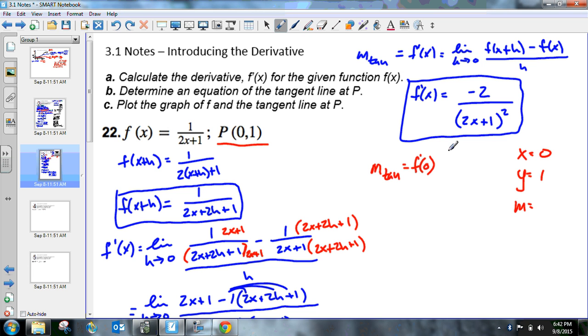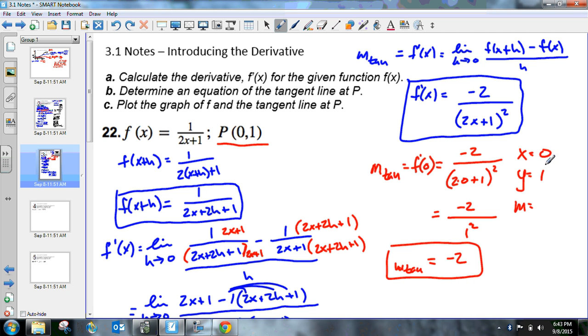So I plug in 0 for x here, and I get negative 2 over 2 times 0 plus 1, quantity squared. 2 times 0 is just 0, over 1 squared, and 1 squared is just 1. So we just get negative 2. That's the slope of our tangent line, negative 2.